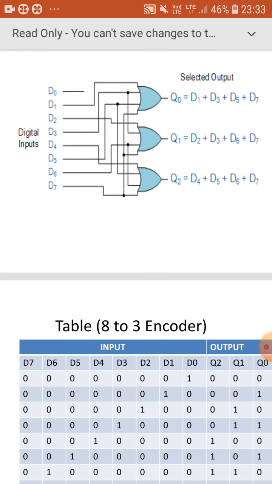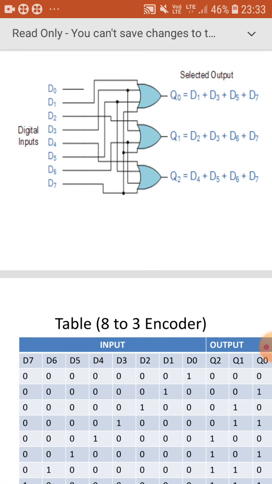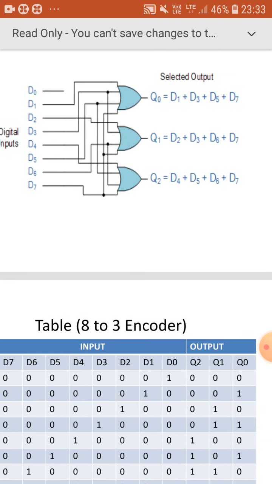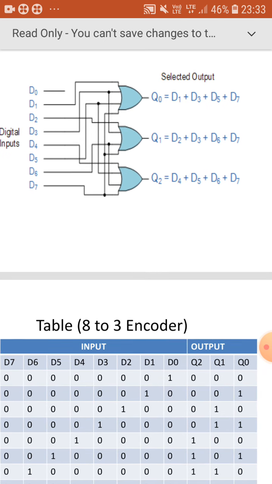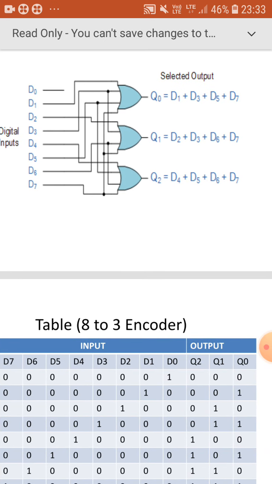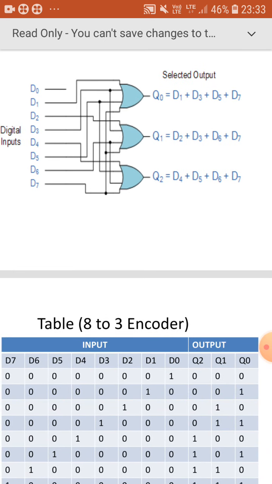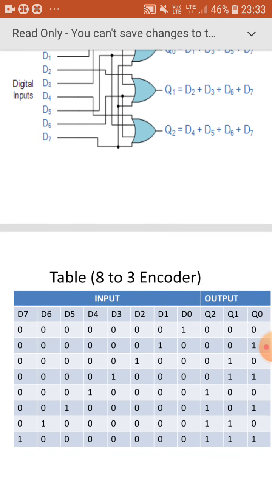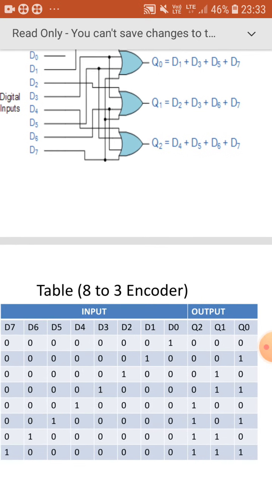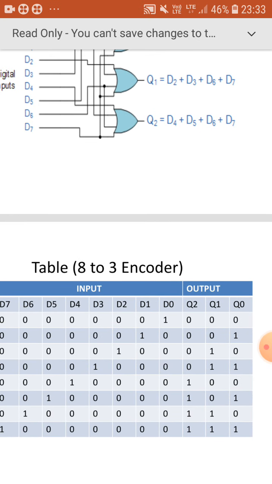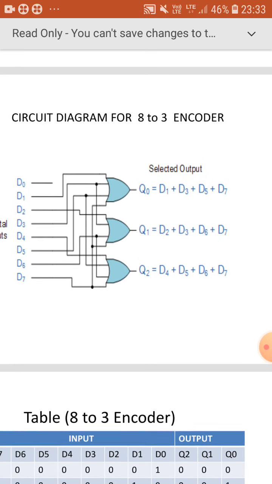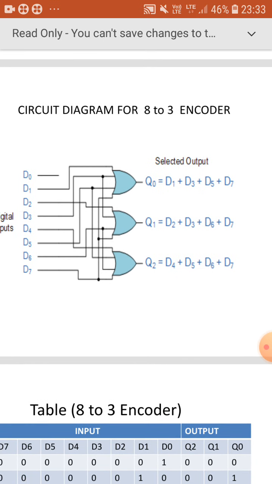Okay, D6 is connected to the second OR gate and third OR gate. So Q1 is equal to 1, Q2 is equal to 1. But it is not connected to the first OR gate. So Q0 is 0. So if we apply D6 is equal to 1, we will get the output 1 1 0. Okay, this is the working of the 8 to 3 encoder.